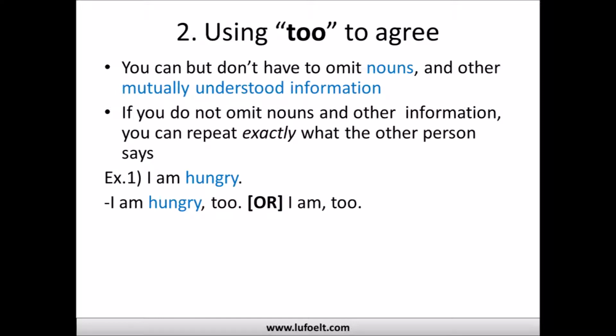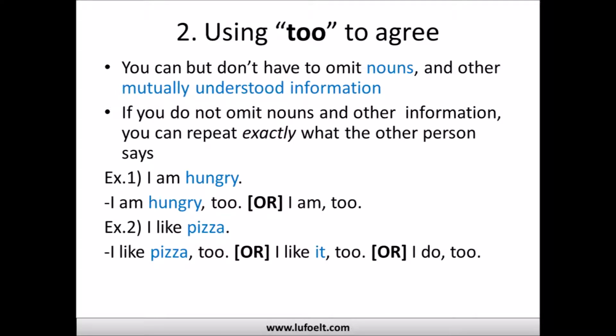All right, let's take a look at another example here. Example number 2, I like pizza. I like pizza too, or I like it too, or I do too. These are all okay. All right, so once again, you can omit the nouns, but if you don't, you can also repeat exactly what the other person says. And in the second example here, we just switch pizza to it using a pronoun because this information is mutually understood.